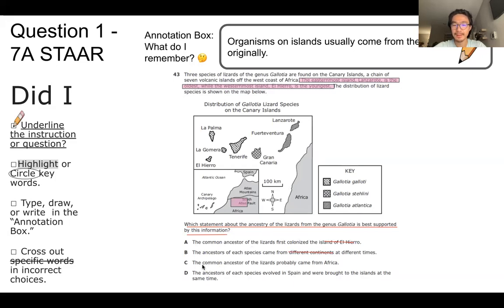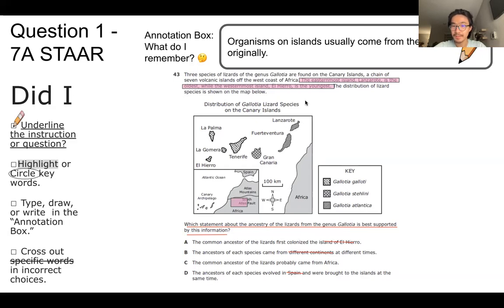And look at C, the common ancestor of the lizards, these three types of lizards living on these islands, they probably came from Africa. Okay, so they're saying these taxa came from Africa, which is the continent that they're closest to. Interesting. Let's look at D. The ancestor of each species evolved in Spain, so up here, and were brought to the islands at the same time.